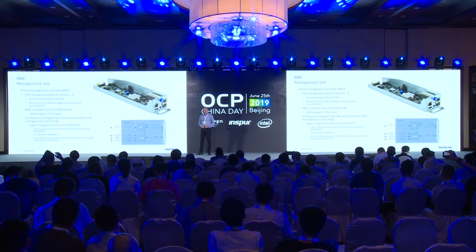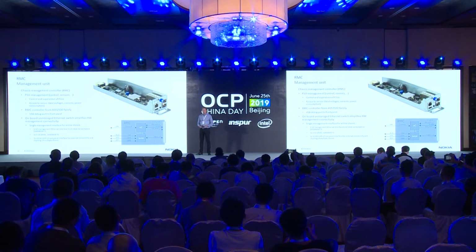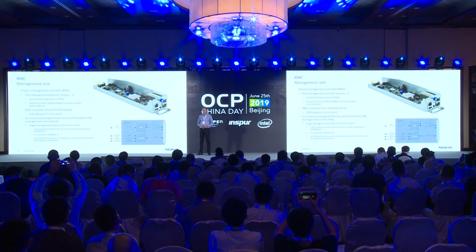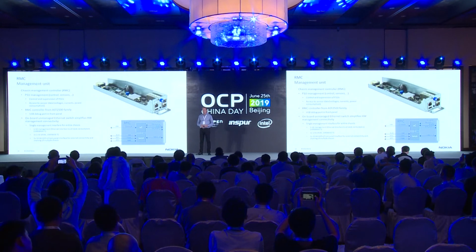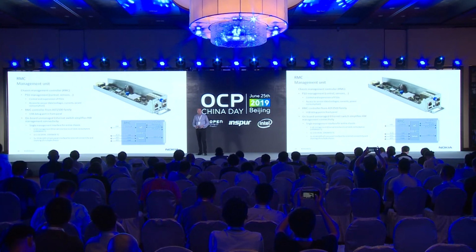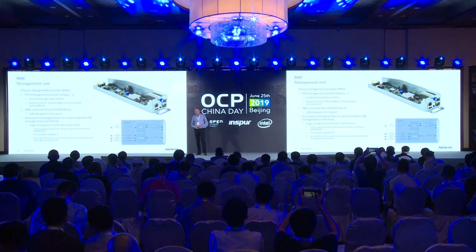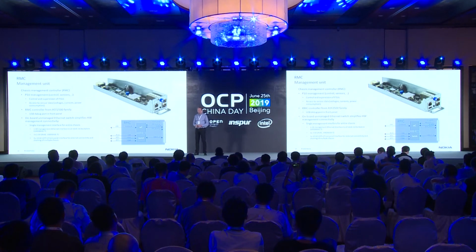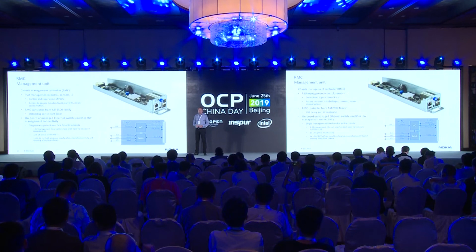This is the RMC, and like already mentioned, it mainly manages the PSUs. The controller is of the AST2000 family, one of the most used BMC chips there are today.